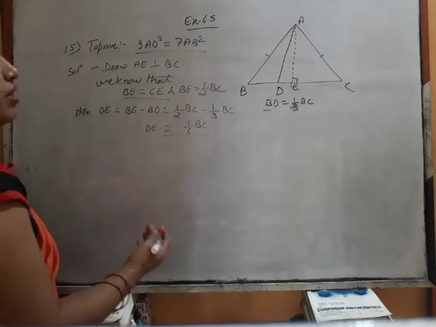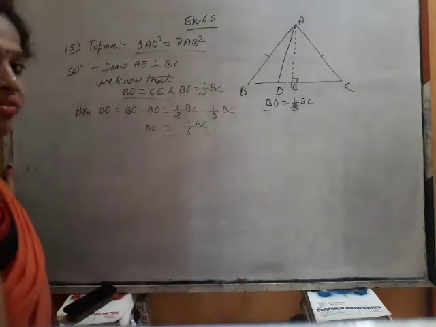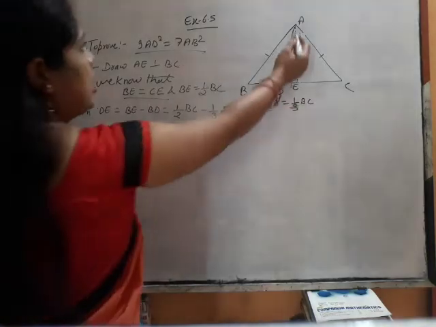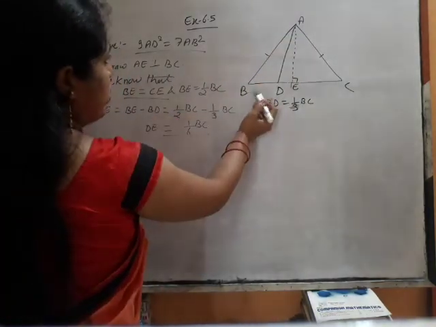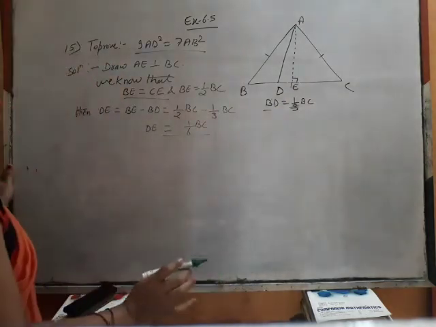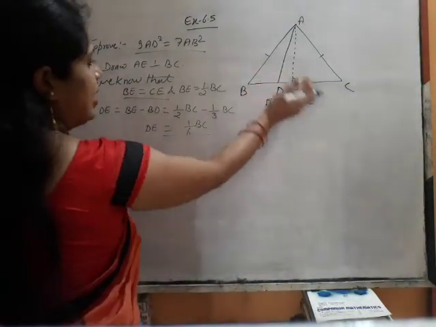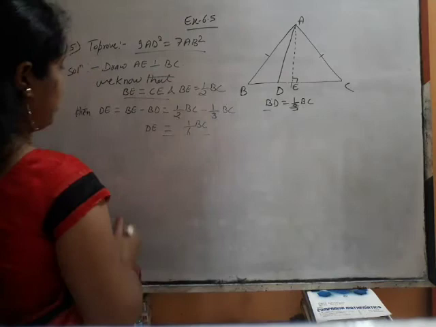Now let us start with the right angle triangle, since we are dealing with the topic Pythagoras theorem. We need AB square. We don't need AE square over here. And AD is in this part of the triangle.